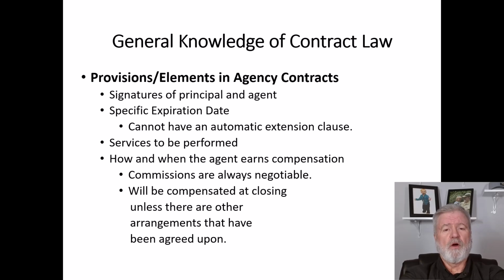No. So should you, as a licensee, or the other term you might hear is a sub-agent, because you're a sub-agent to the agent, should you ever be signing the listing agreement for the seller if you're listing the house, or a buyer's agreement if you're representing the buyer? No. Even if you do sign it, it's not valid. You're not a party to this contract. Who are the parties to the contract? The principal and the agent.